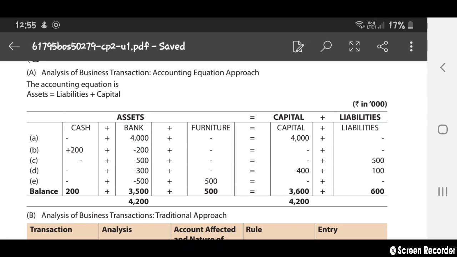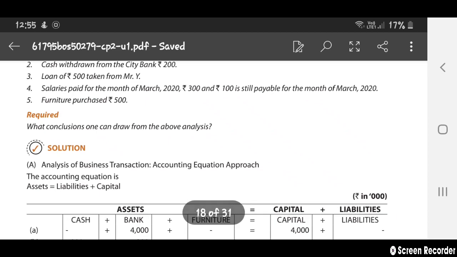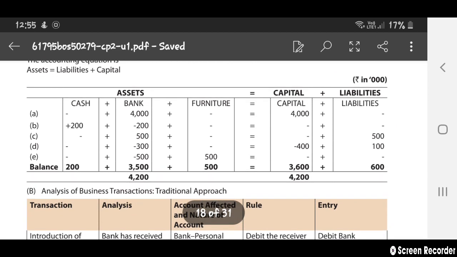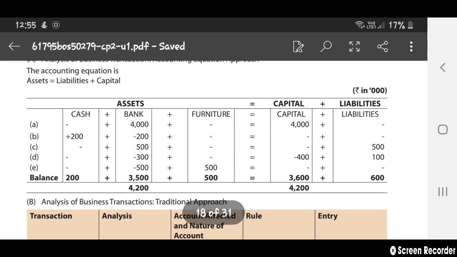Then for bank we have 4000, 500, 300, 500. When you remove 300, 500 and 200, and add, you will get 3500.